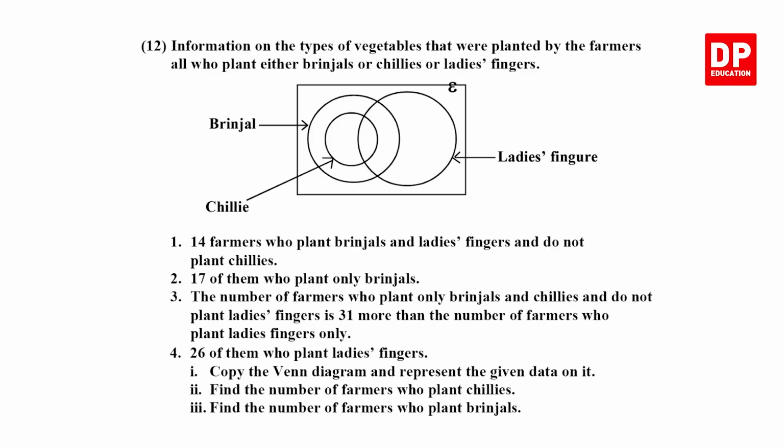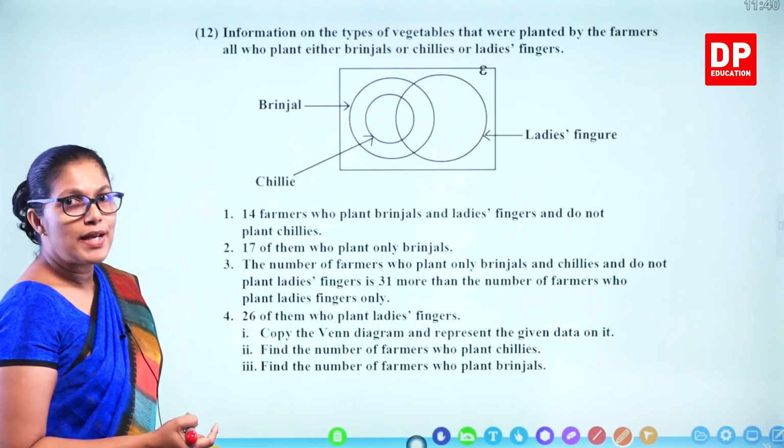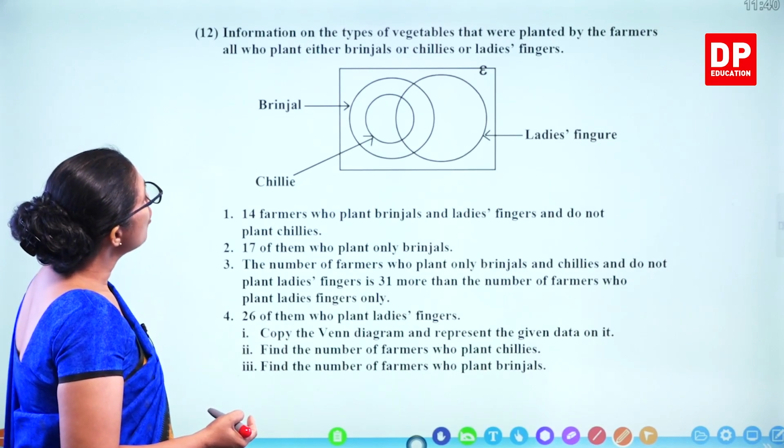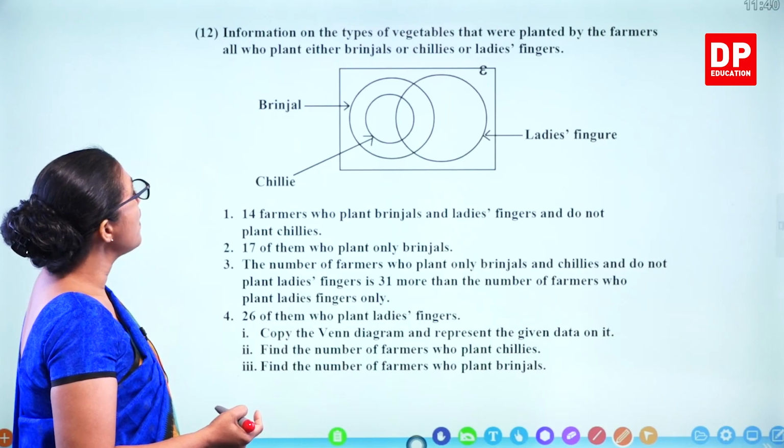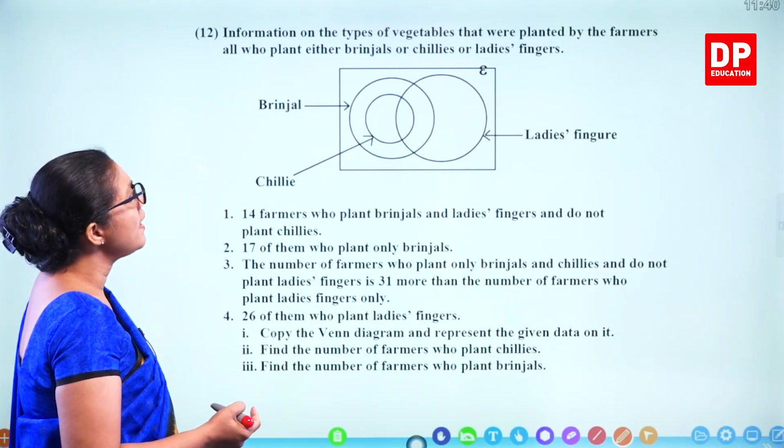Now you can try the last question. This is about Venn diagrams. Information on the types of vegetables that were planted by the farmers, all who plant either brinjals or chilies or ladies' fingers.